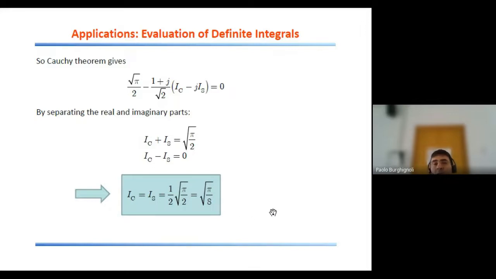Okay, so that's another example in which, by using Cauchy's Theorem, in this case we did not even use the Residue Theorem, Cauchy's Theorem was enough to find the value of a real integral that would be otherwise impossible to evaluate in a different way. That was my last slide for today.